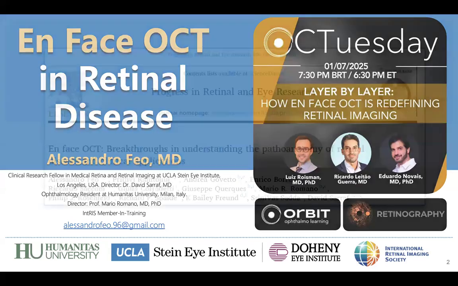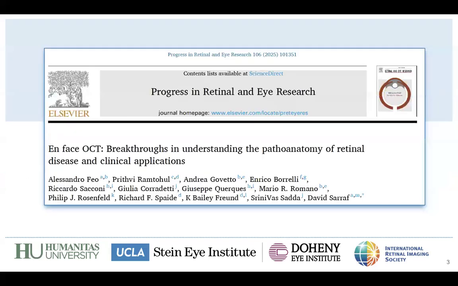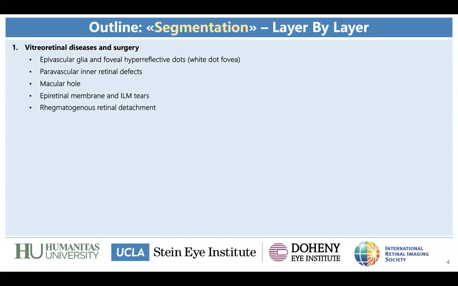The content of this presentation is from a recent article that we've published. This is the outline. I have segmented the presentation from the vitreoretinal interface through the choroid, so we will navigate through the middle retina and analyze also the outer retina and all the alterations that we can find in retinal diseases.